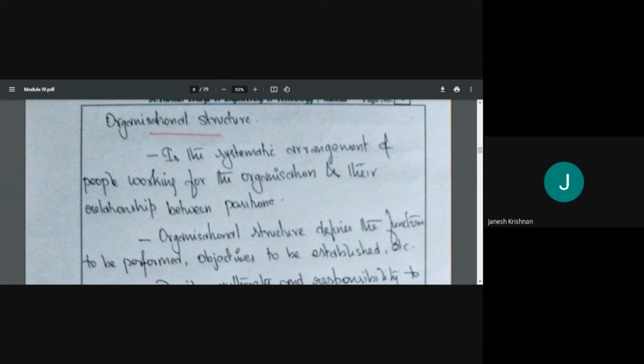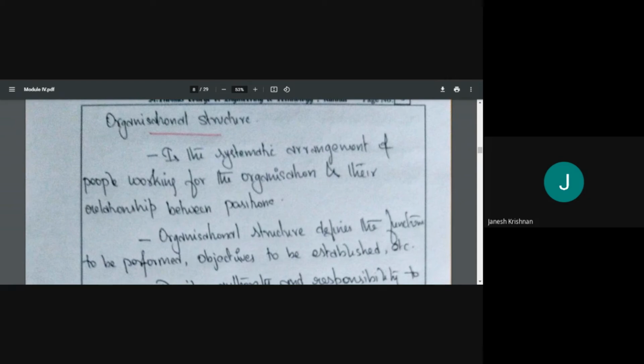If you have a problem, you will inform your guide. Through the guide, the message will go to the coordinator, the one in charge of the project, then from the project coordinator to the HOD, and from him to the principal. Like that, we have a structure.